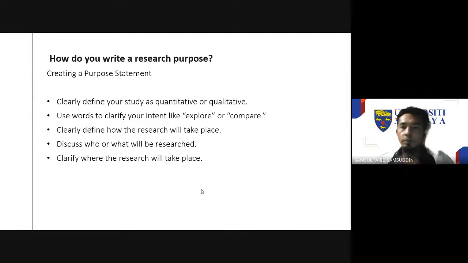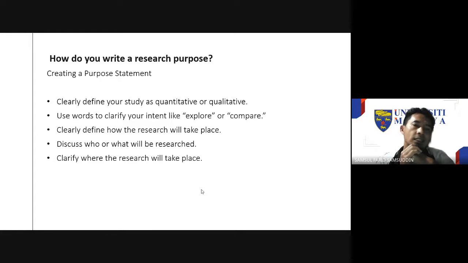So from the problem statement and the research question, you should identify whether this kind of question can be answered through a quantitative or qualitative approach. This is important. And then use words to clarify your intent, like explore or compare. So does your research question involve exploration or comparison?